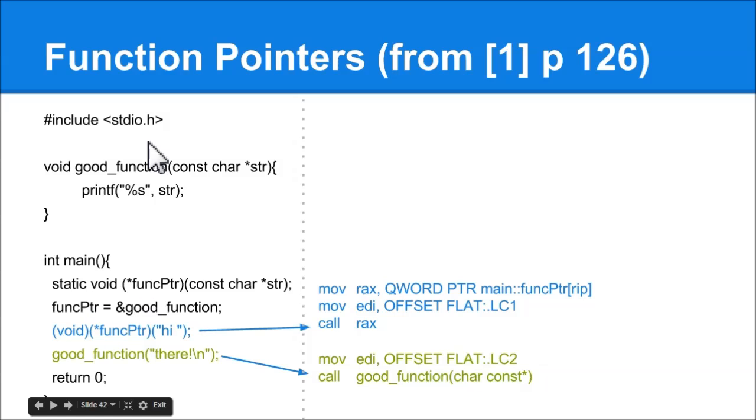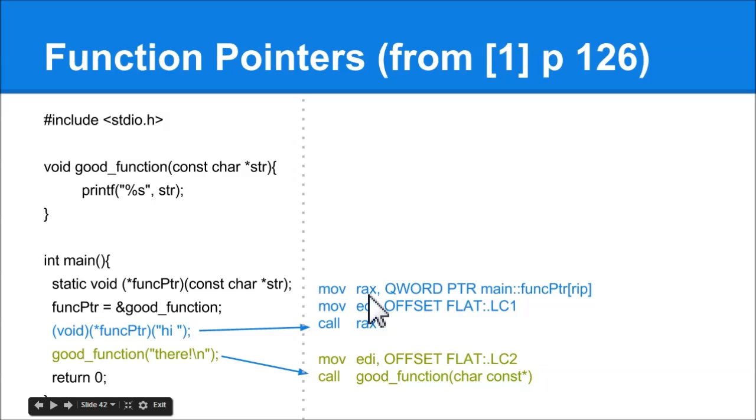The function pointer is given the address of good function, right? And then void may not even be necessary, but basically it dereferences function pointer to go to function pointer and then passes it the value high. And so to see how this is just different, it's really just different by about one line of assembly.